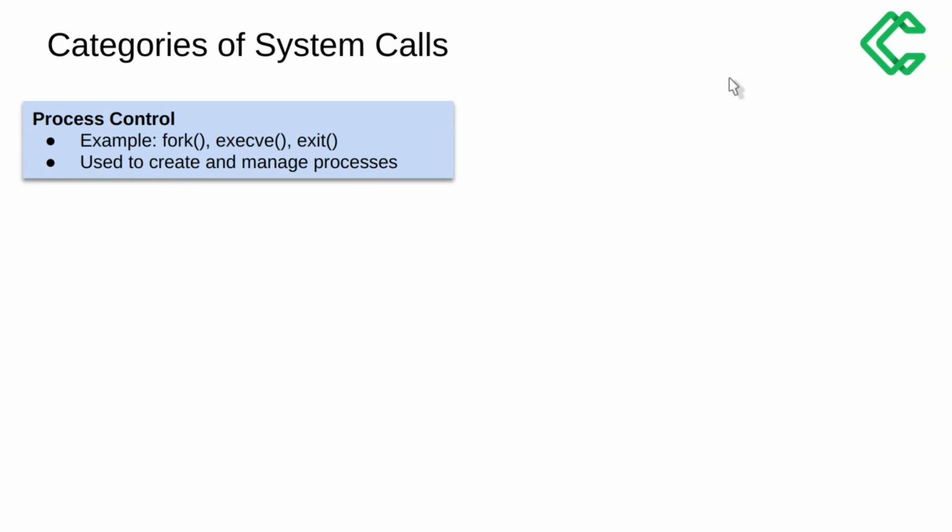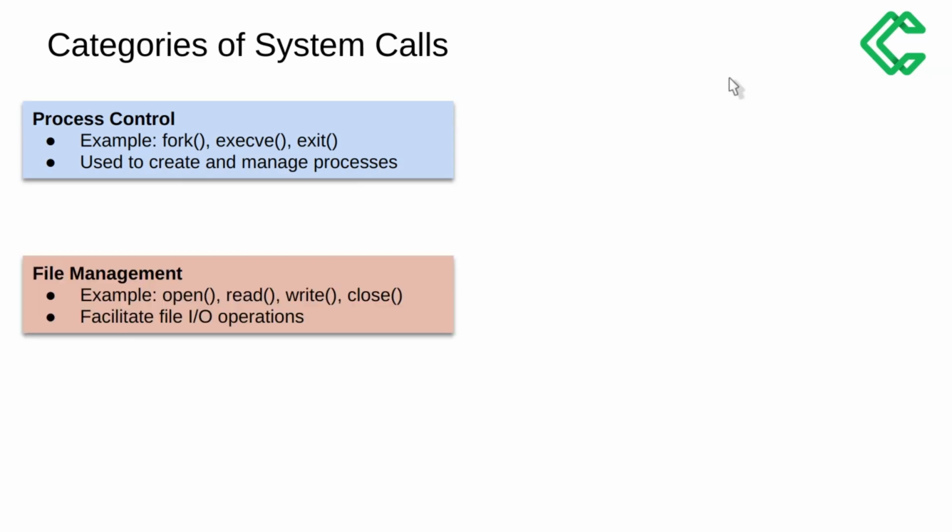Process management, for example, fork, exec, exit. Process management related system calls are used to create and manage processes. File management. File management related system calls like open, read, write, close, they facilitate the file IO operations.